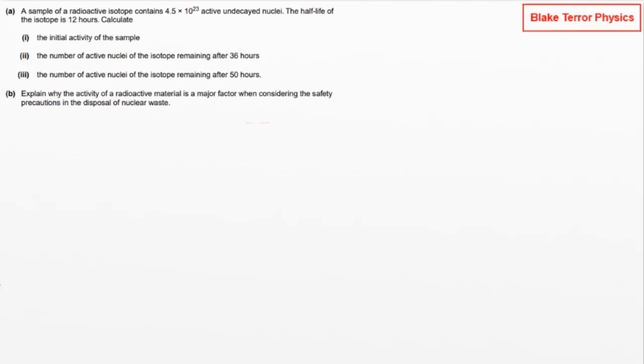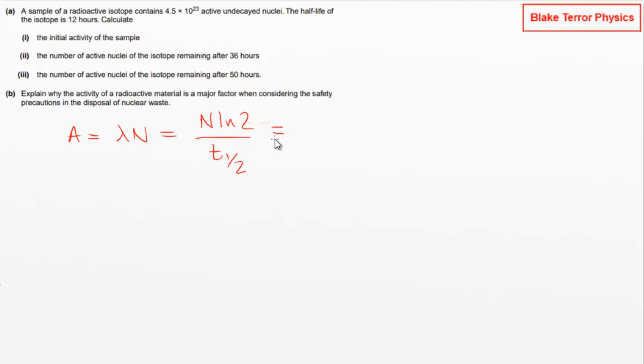So the activity is the decay constant multiplied by the number of nuclei. The decay constant is ln 2 over the half-life. So we've got N ln 2 divided by the half-life.